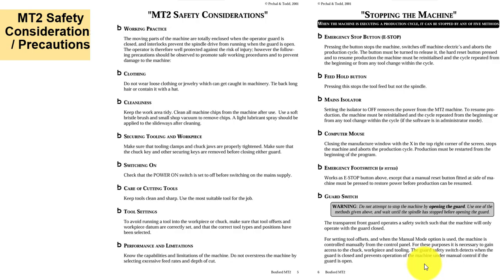It is better practice to first use the emergency stop button. It is one of the most recommended options for stopping the machine in case of emergency, or if you want to change the program. The rest of the methods are also available with precautions or limitations.